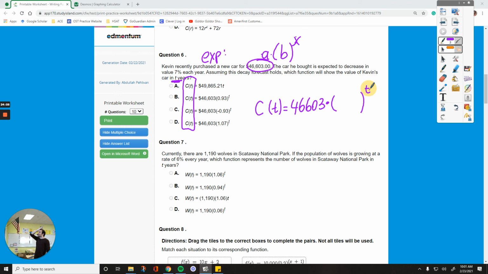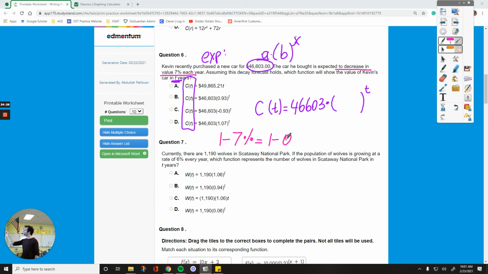So this question, let's read the second sentence. The car he bought is expected to decrease, so that's my keyword, it's expected to decrease in value 7% each year. So basically what I need in the parentheses is 1 minus 7%, but you first need to convert that 7% into decimal.